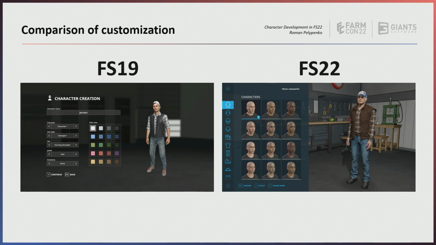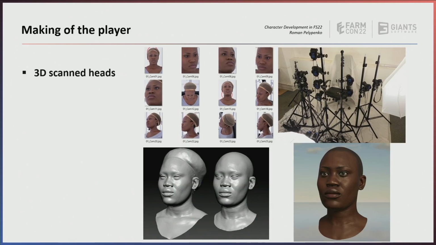An easy way to make it better looking is to use 3D scans. So we started using 3D scanned heads and the photogrammetry method to capture them. It collects a lot of photos from one recording, shot together, and from the results we managed to get our 3D scanned heads.